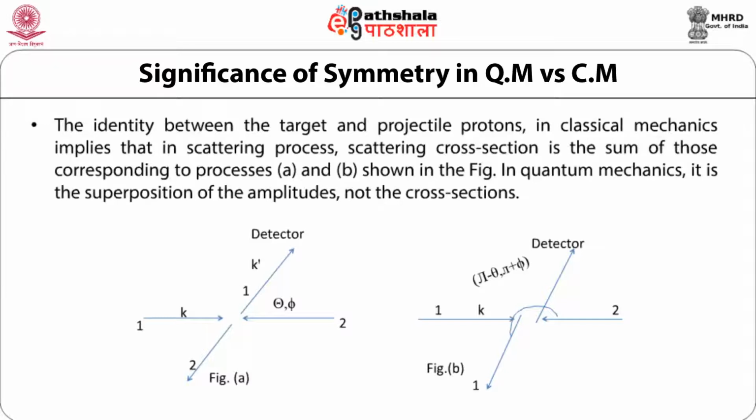The total scattering cross section is the sum of the scattering cross sections of the projectile proton and the target proton. However, in quantum mechanics this is not the case, and here the superposition is of the amplitudes and not of the cross sections of the scattered protons.